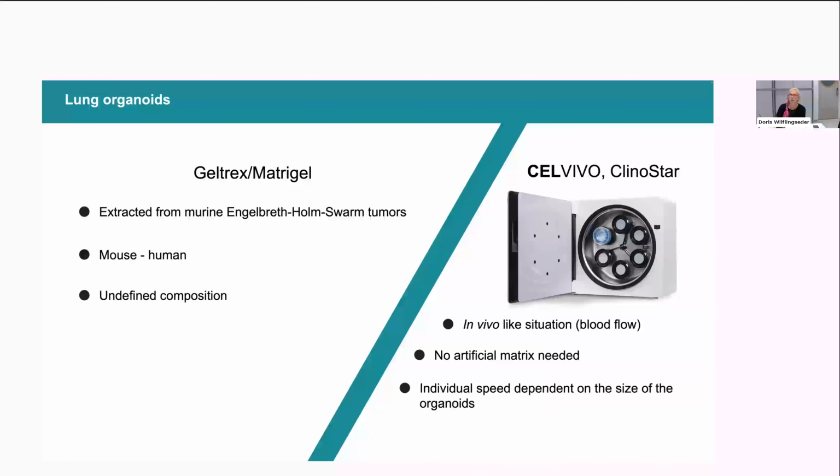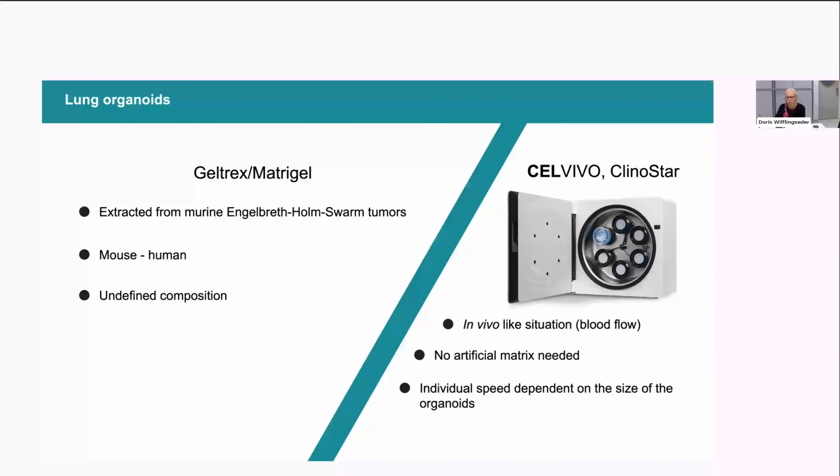And we directly compared those two methods because we wanted to get rid of these animal-derived components, which are also of an undefined composition. And we always do those direct comparisons to the gold standard used in cell culture.